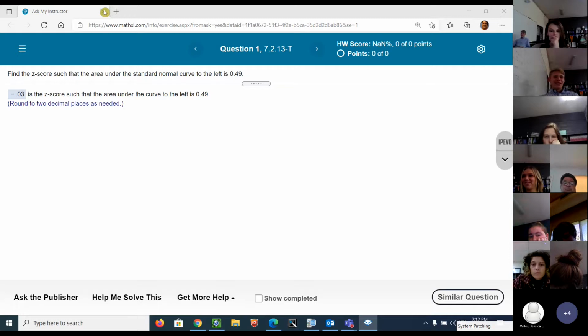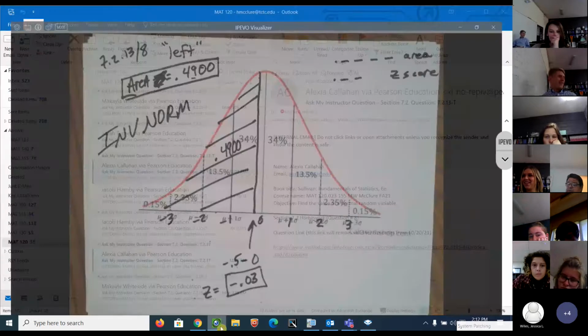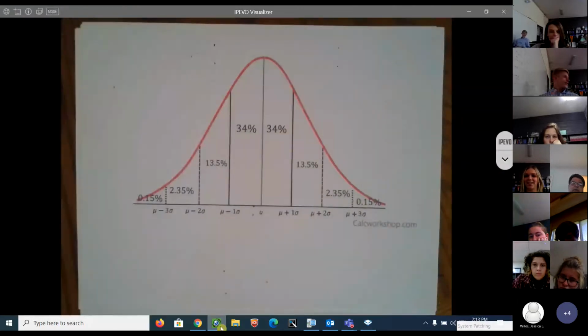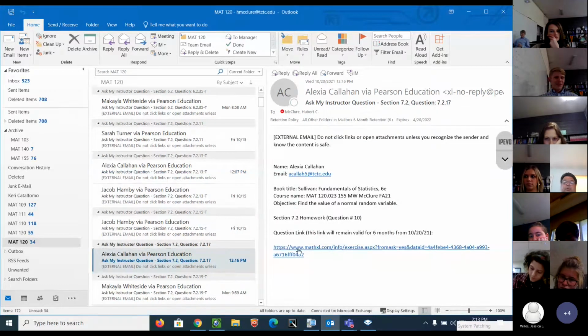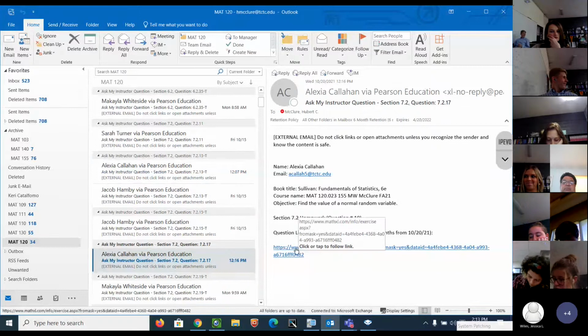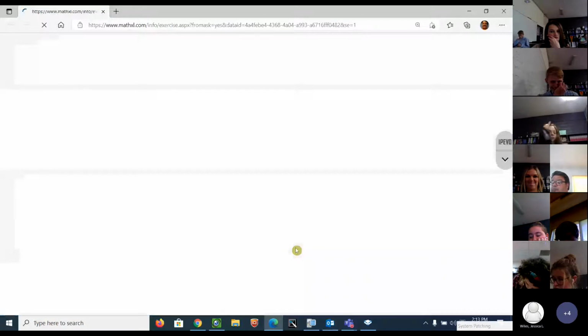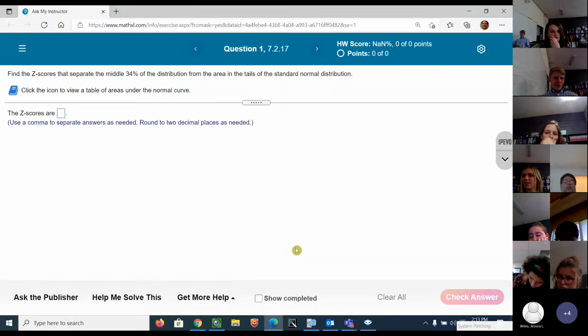Next question. And if you notice, my paper is right there waiting on the next question. And that is 7.2, 1710. It says find the z-scores to separate the middle 34% of the distribution.